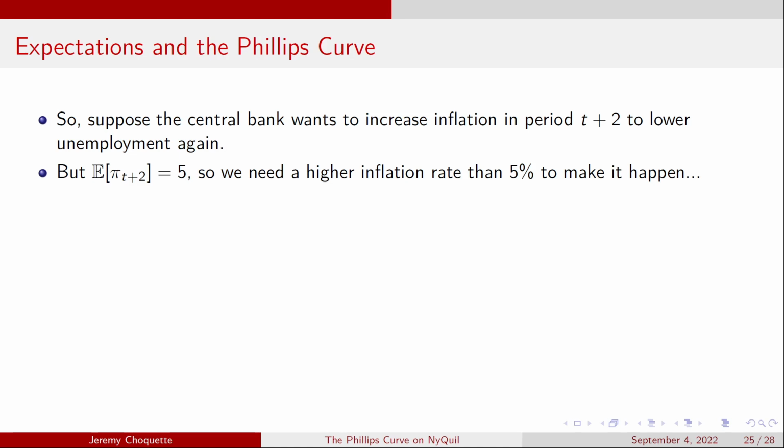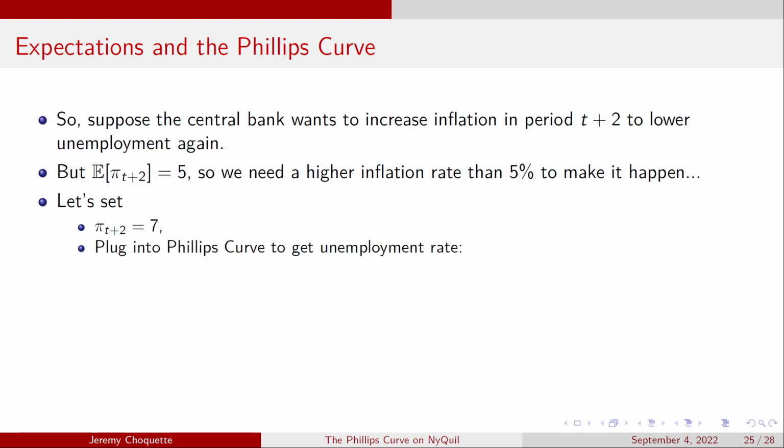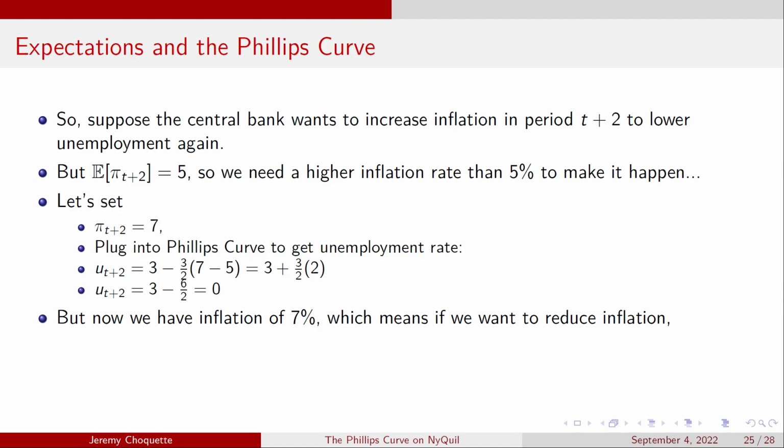Expected inflation in T plus 2 is 5, and we need a higher inflation rate than 5% to actually produce lower unemployment. So let's say I set inflation equal to 7%. Plug that into the Phillips curve, and what I get is an unemployment rate of 0%. I have 100% full employment, but I'm getting that at a price of inflation at 7%.